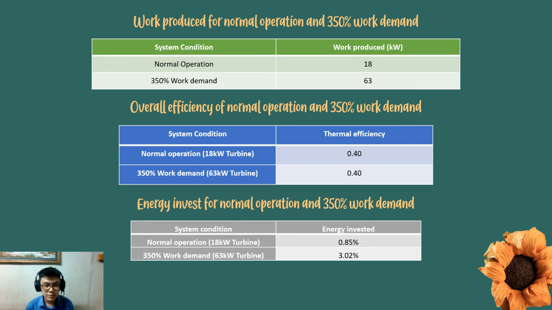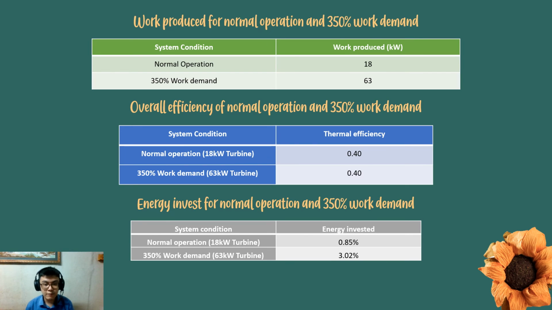So the table shows that the efficiency for 350% work demand is the same as normal operation. Thus, the unit electricity and the economic criteria does not change, which does not benefit Yanggun Sendirian Berhad in the long term. The system equipment will operate on design conditions that less damage them.